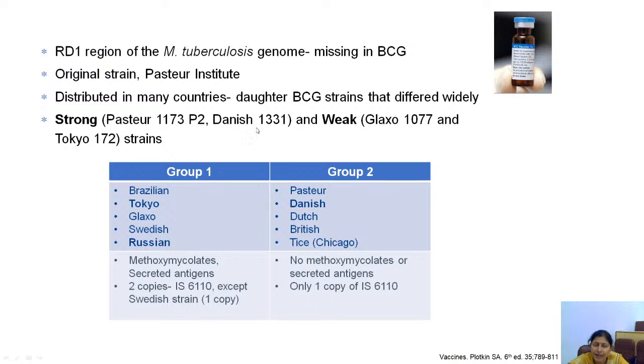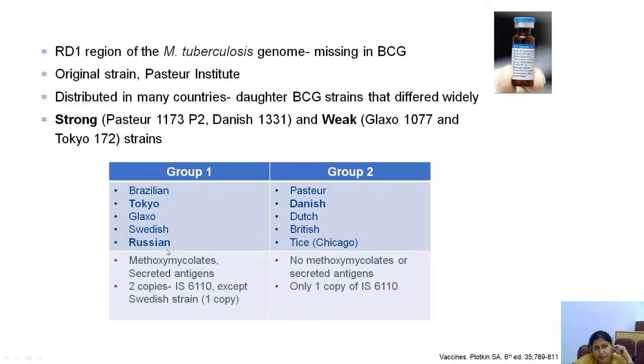But when it was distributed, it was found that the daughter BCG strains, subcultured from the original BCG strain, differed widely. When analyzed, they fell into two groups, group 1, a Brazilian strain, and group 2, known as the Pasteur strain.